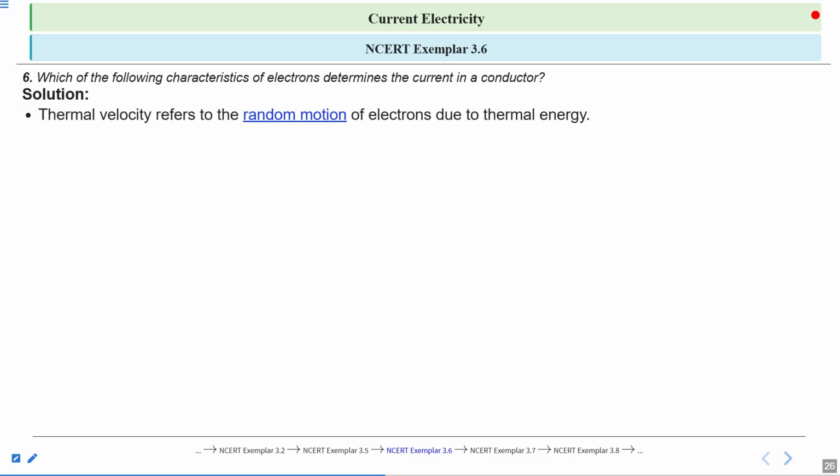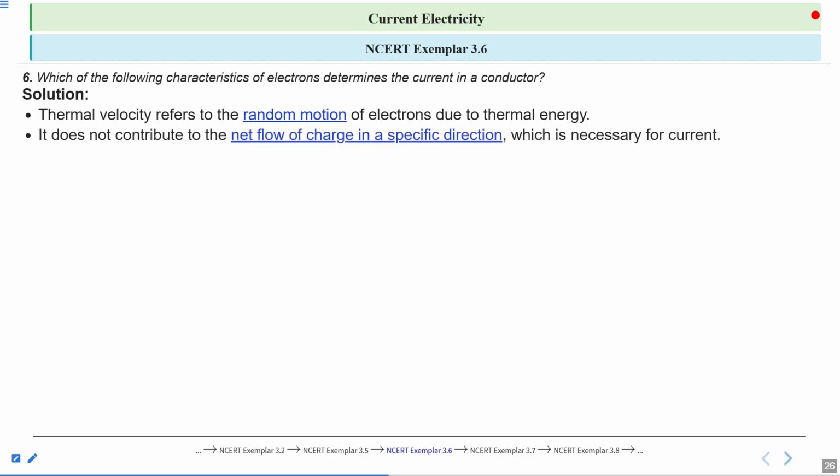Thermal velocity refers to the random motion of electrons due to thermal energy. When there is no electric field, due to their thermal energy, electrons move randomly. It does not contribute to the net flow of charges in a specific direction.